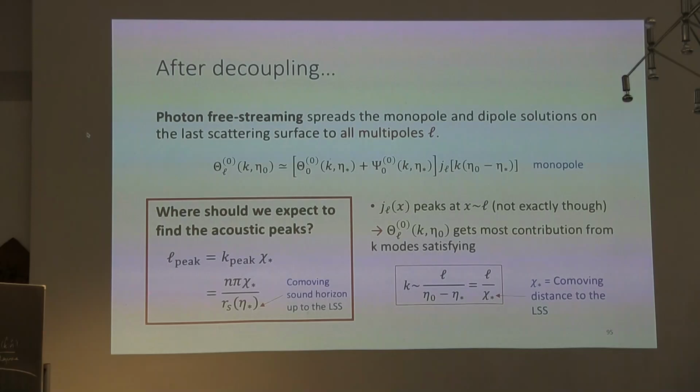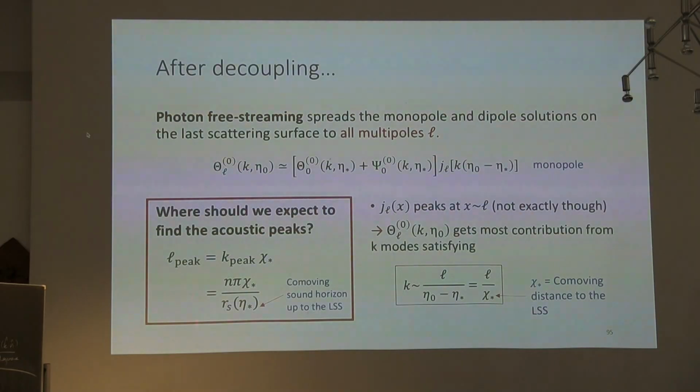So what I can do now is use this information about which k modes contribute most to which L modes to give us a rough estimate of where the CMB peak locations should be. So we go like n times pi, the comoving distance to the last scattering surface divided by the comoving sound horizon at the time of photon decoupling.